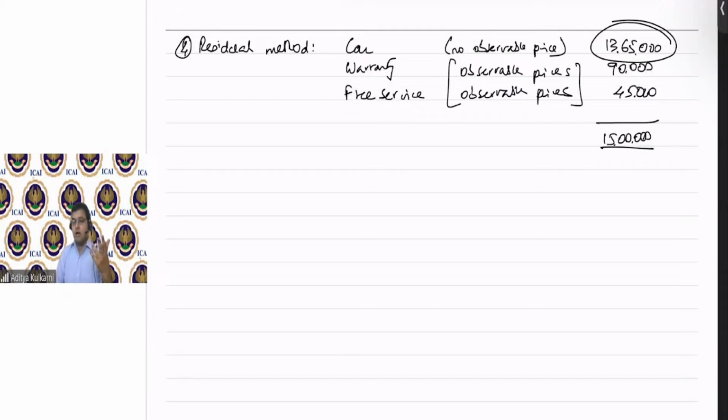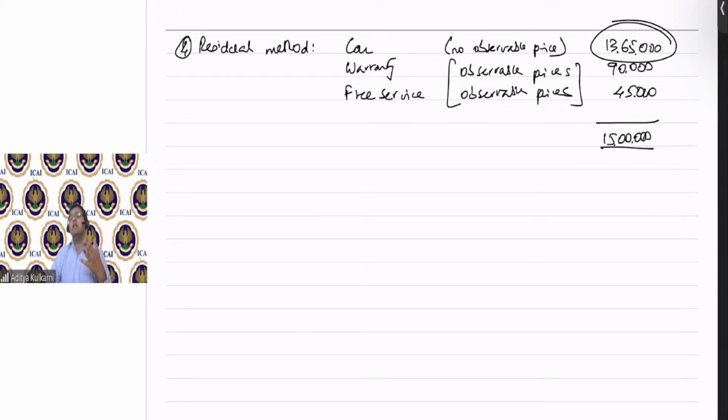Third, neither you nor your competitors perform, but you know the cost, so you add a reasonable markup to the cost and arrive at the standalone prices, and on the basis of that cost plus markup figure you do the allocation.